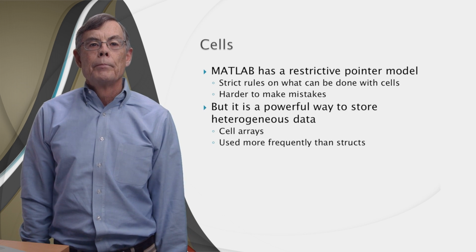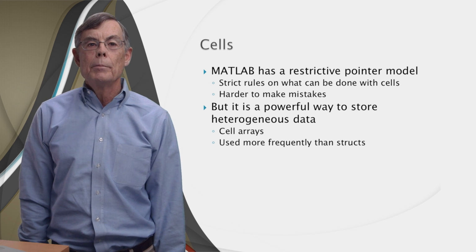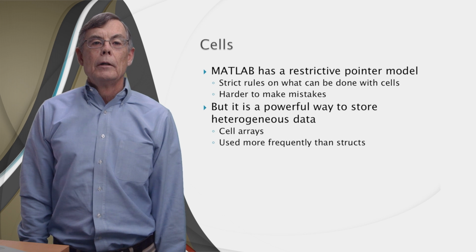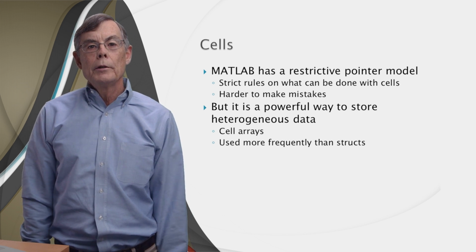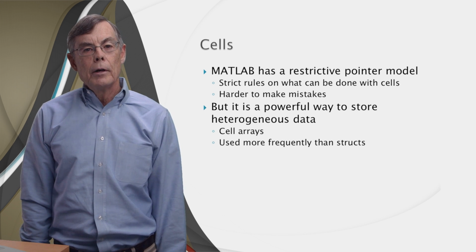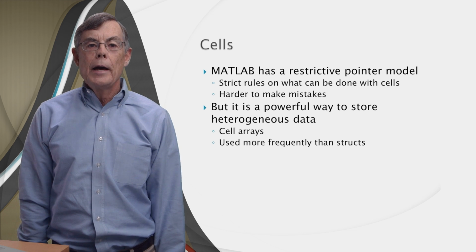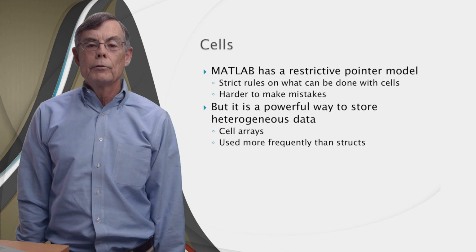Nevertheless, the cell is a very powerful and very useful data type because cell arrays, like structs, let you group heterogeneous data together, which is what we wanted to do with strings from a page of text. But unlike structs, cell arrays can be indexed with numbers, and partly because of that, while they're a bit trickier, they're used more frequently than structs.